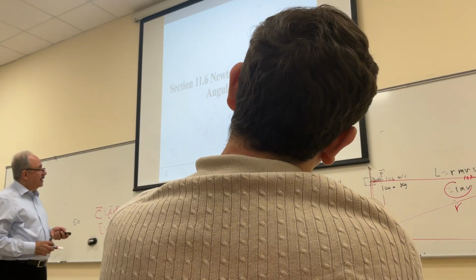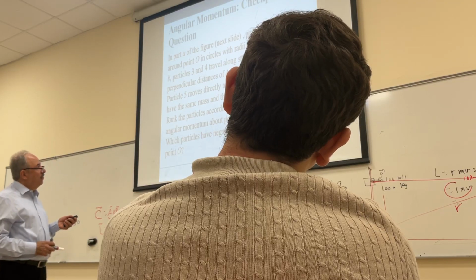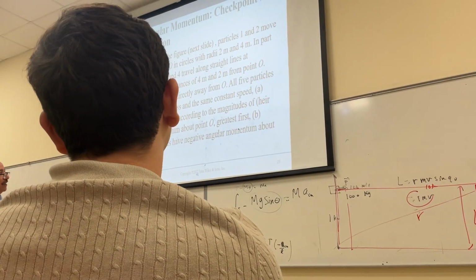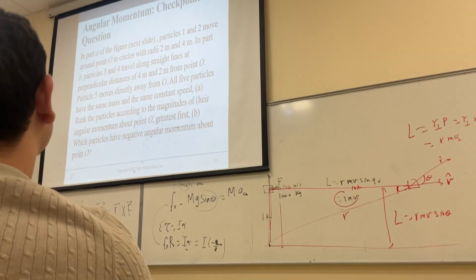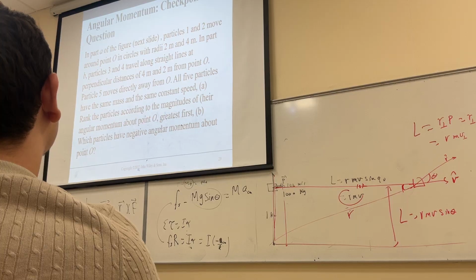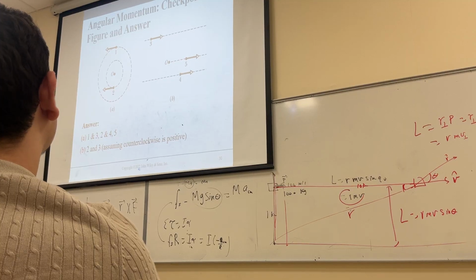I did not remove the answers, I should have done that. All 5 particles have the same mass and the same constant speed. Rank the particles according to the magnitudes of their angular momentum about point O, greatest first. Which particles have negative angular momentum about it?